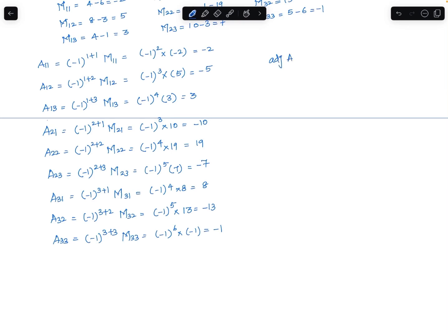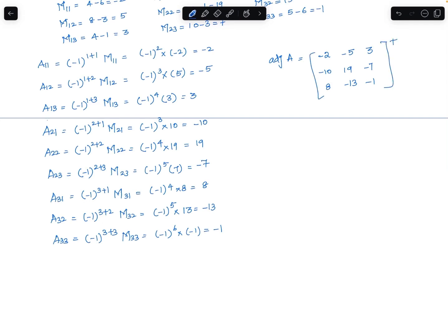Adjoint of A is the transpose of the cofactor matrix: minus 2, minus 5, 3, minus 10, 19, minus 7, 8, minus 13, minus 1.